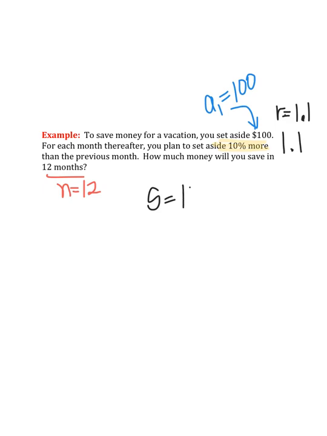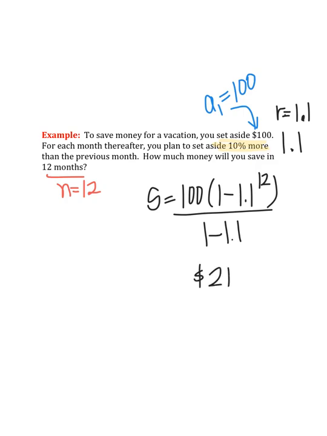So my first term, 1.1 to the 12th, divided by 1 minus 1.1. And for this one, when I put it all into my calculator, I end up saving $2,138.43 over those 12 months.